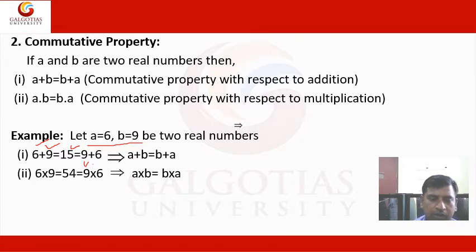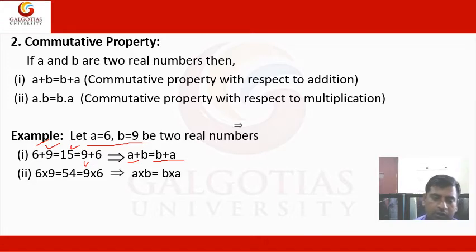Both 6 plus 9 and 9 plus 6 will give you the sum 15. That means this property a plus b equal to b plus a is verified. So we can say that the commutative property holds on these real numbers.